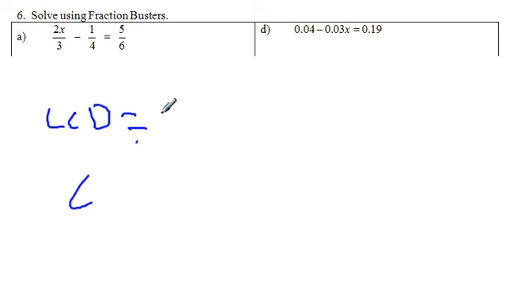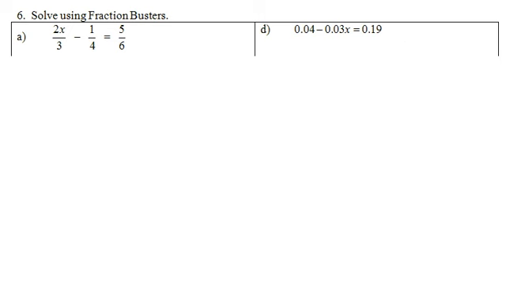If you stop and search for it, pause the video, it's 12. 12 is the smallest number, the lowest possible common denominator, that 3 can divide into. 4 can also divide into 12, and 6 can also divide into 12. So 12 is our magic fraction busting number, so to speak.